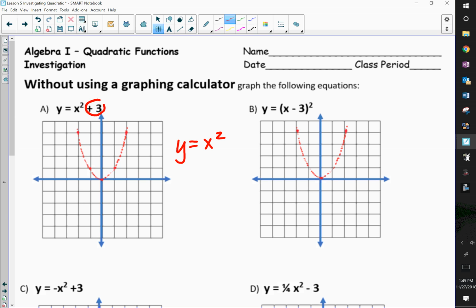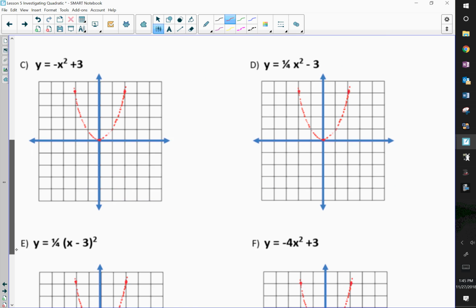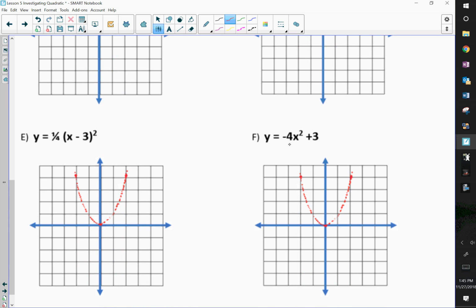Adding a number on the outside will shift it up that many spaces. So you always start with the point at the bottom and shift that point up 1, 2, 3, and then you just redraw your parabola. So I'm going to let you complete this assignment on your own carefully. Notice some of them are flipped, some are steeper and wider.